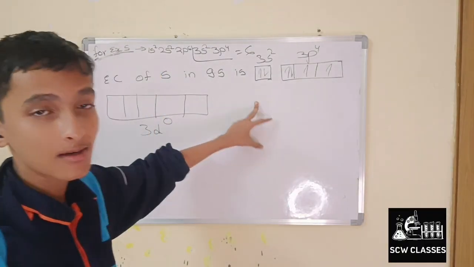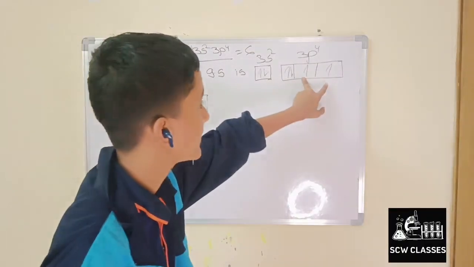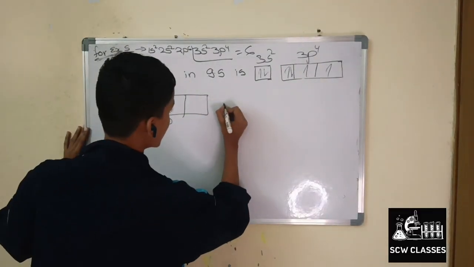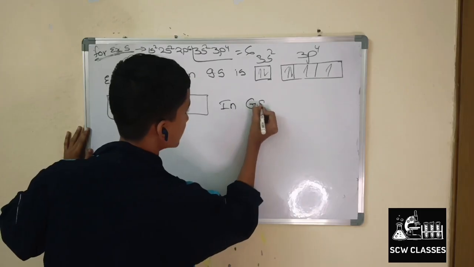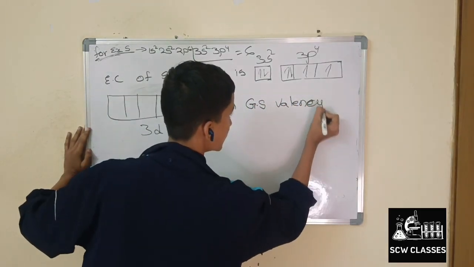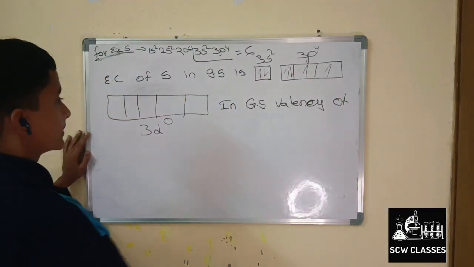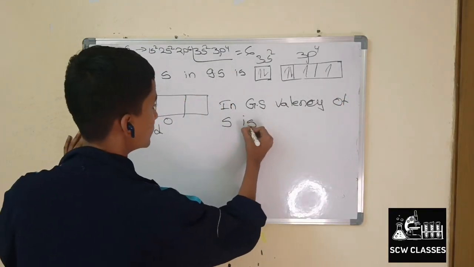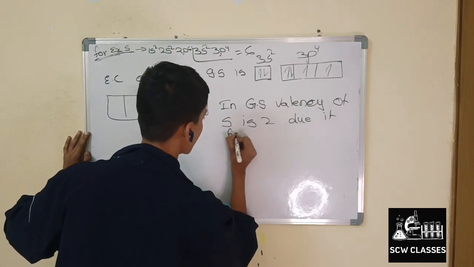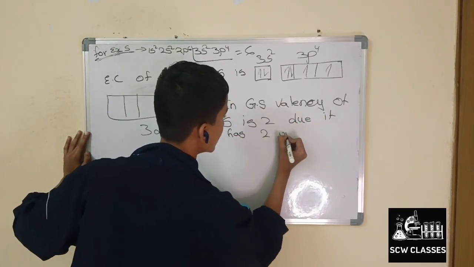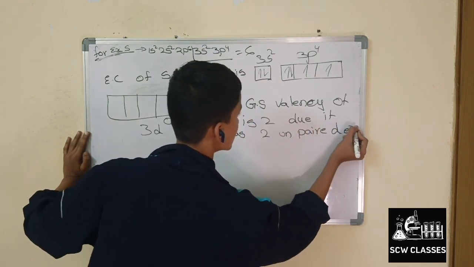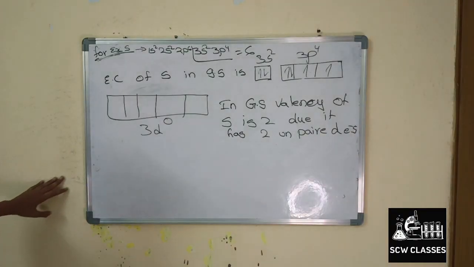In ground state, sulfur has 2 unpaired electrons, so the valency of sulfur is 2. Clear?